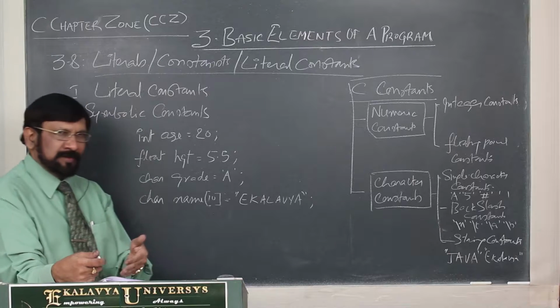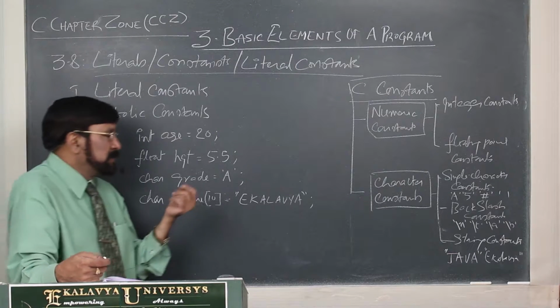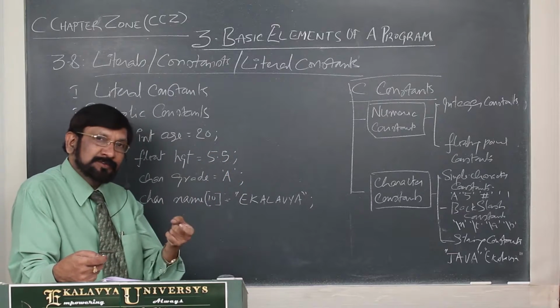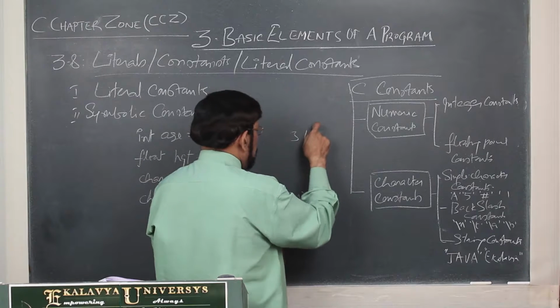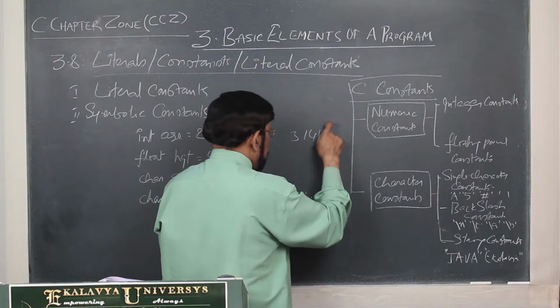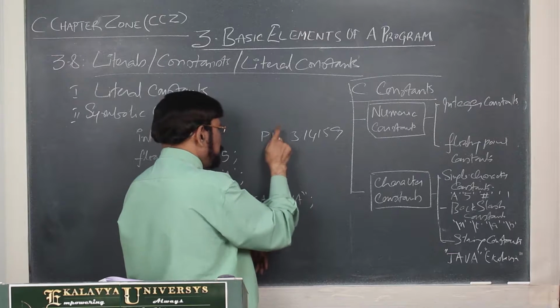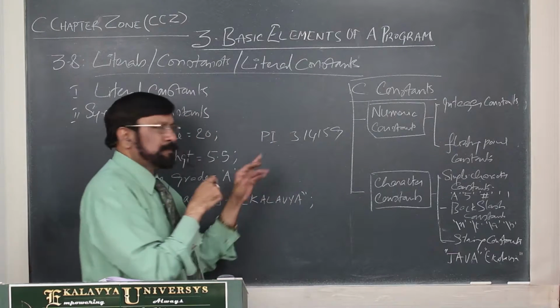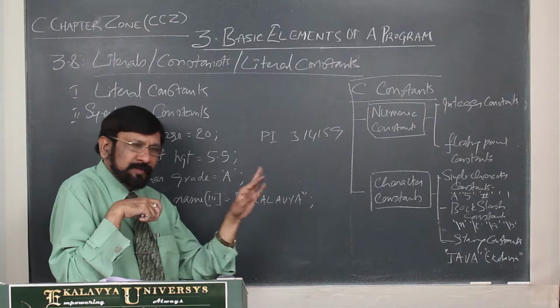Symbolic constants we discussed at the last topic of this chapter; we define symbols to represent values. Suppose one value is 3.14159. Then instead of writing this value, you define a symbol pi. This mechanism is there, using a preprocessor directive, I will explain.